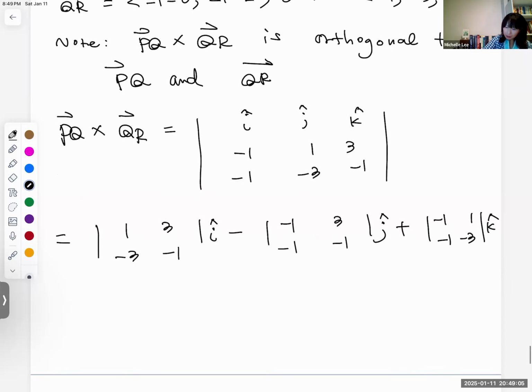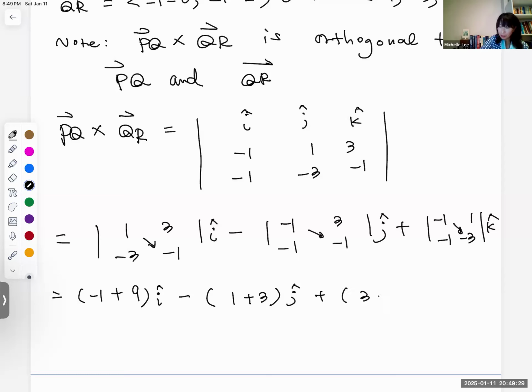Okay, so let's calculate. This negative 1 plus 9, right? I minus, and positive 1 plus 3 J, and plus positive 3 plus 1 K. That will be 8I minus 4J plus 4K.